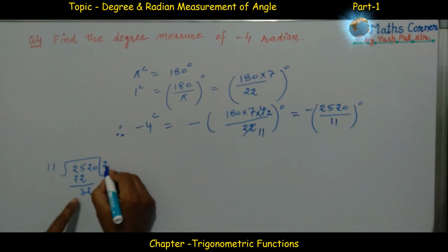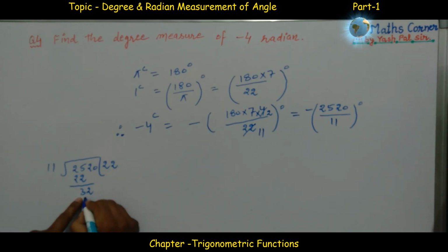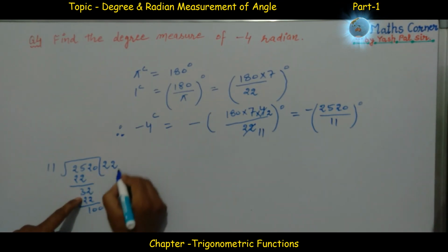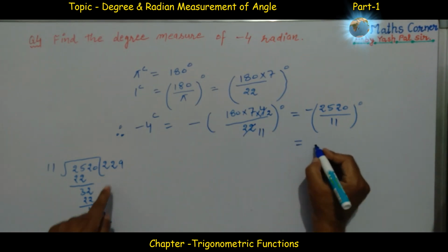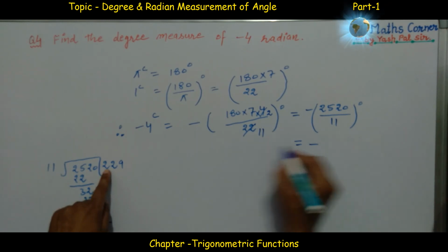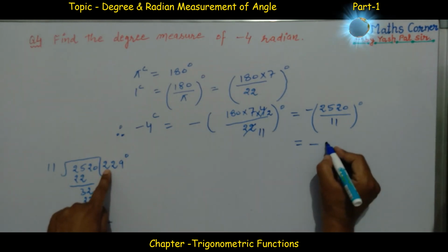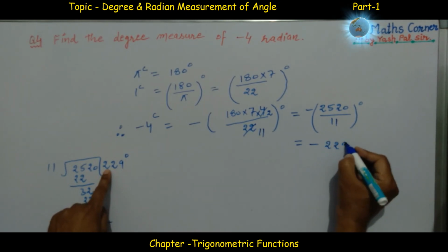Again 11 twos are 22, 10, this 0. 11 nines are 99. 1 is the remainder. So we write this as minus, this becomes degree measure, minus 229 degree.